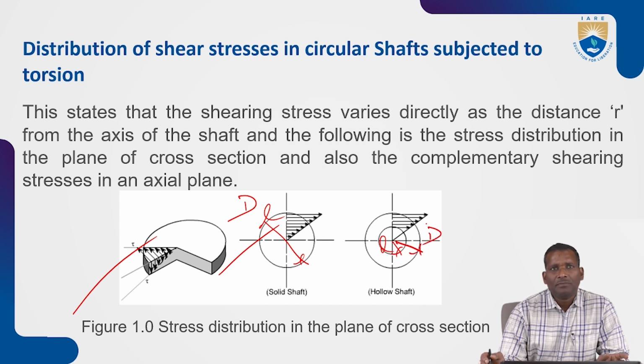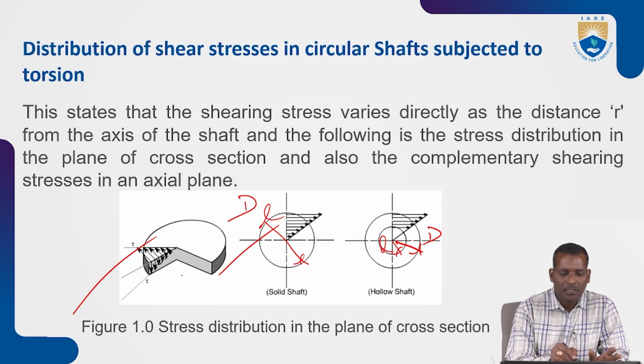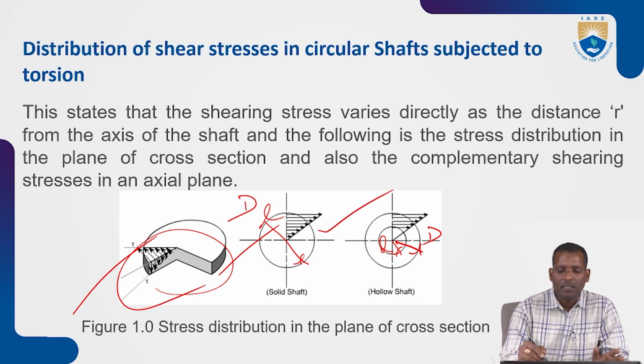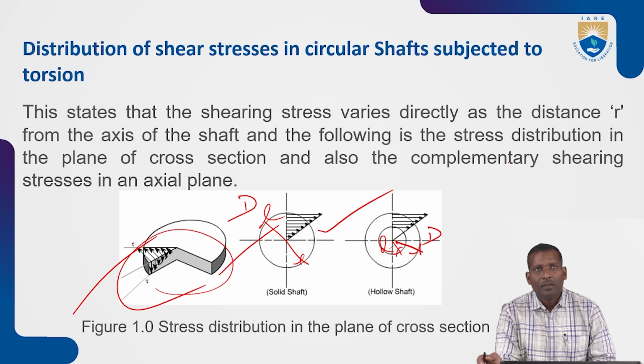Capital T. So, the plane of cross section and also the complementary shearing stress in the axial plane. After the cross section you can see the shear stress distribution in a solid shaft and similarly in a hollow shaft.